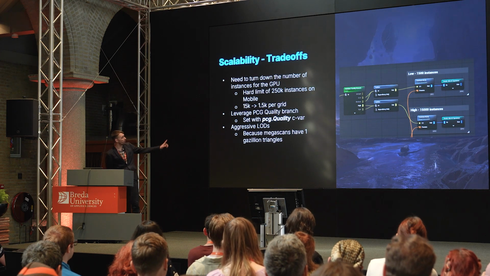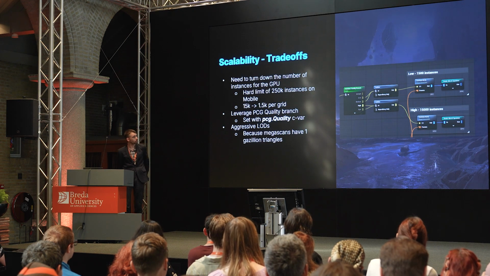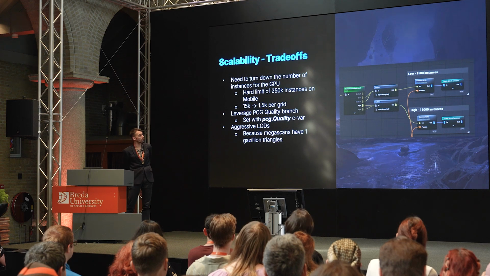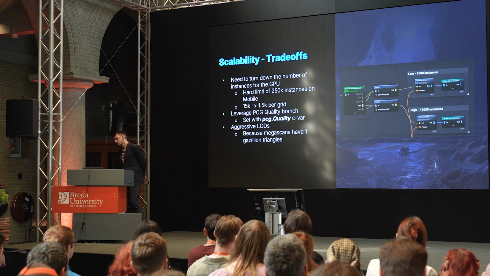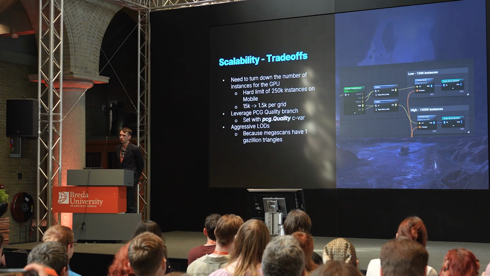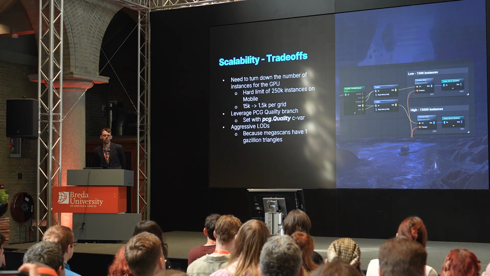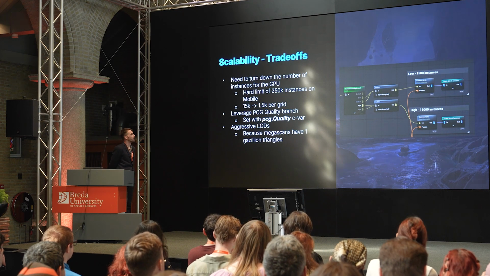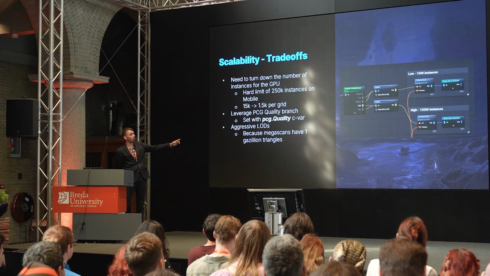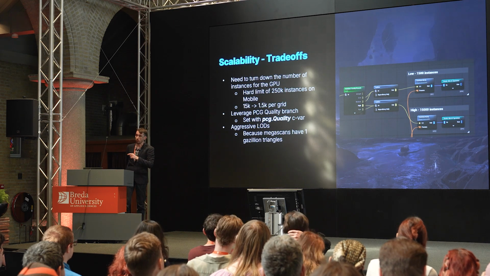And to do that, we can leverage the PCG quality branch node. You can see on the left, it is controlled by a CVAR. Unfortunately, it's not plugged into the scalability control, but when you set the scalability, you can also set the CVAR. And this is going to execute only the nodes that are downstream.